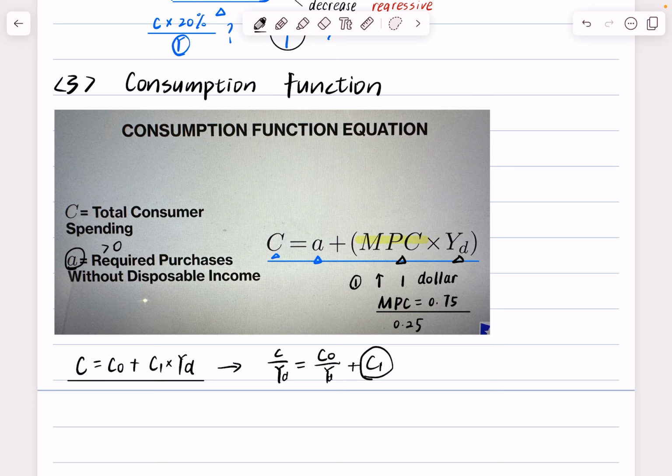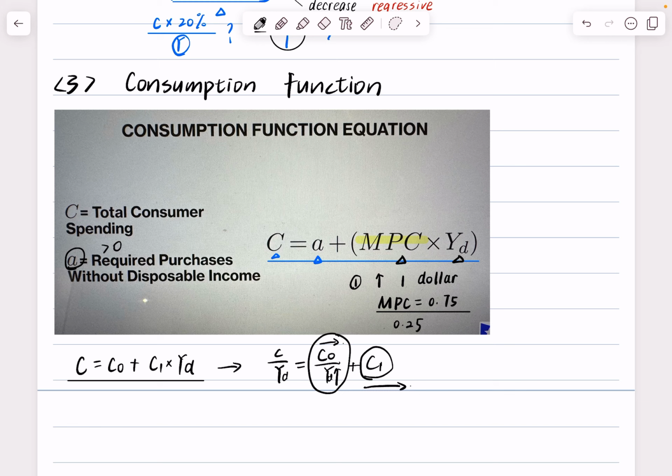C1 is MPC. It won't change in this question, and C0 also won't change, and YD increases.